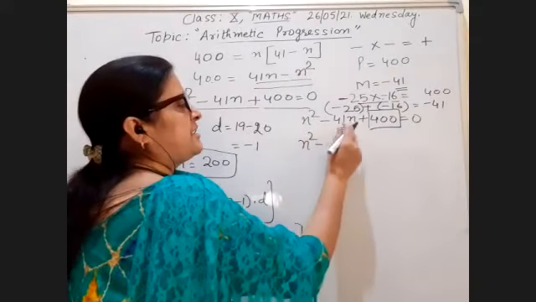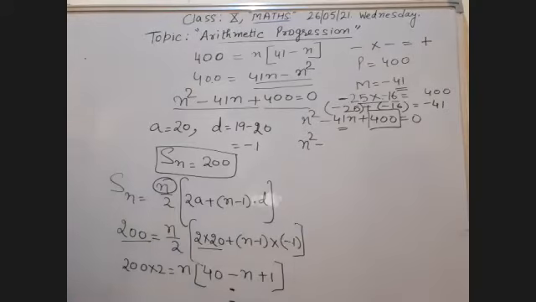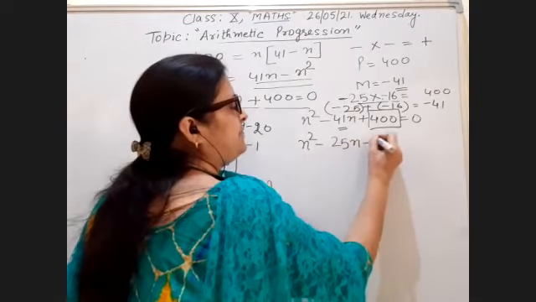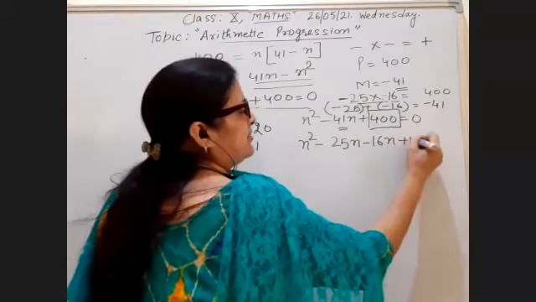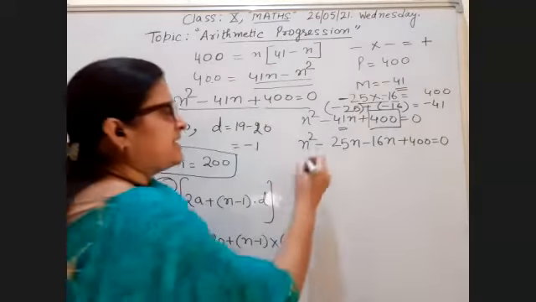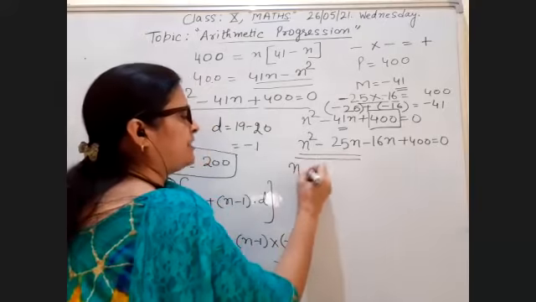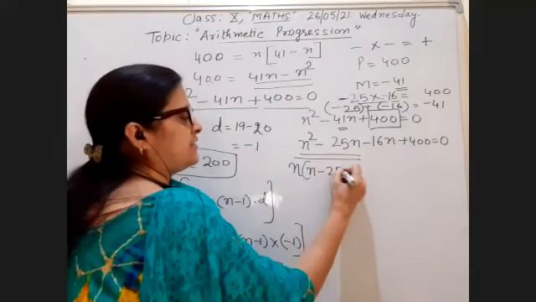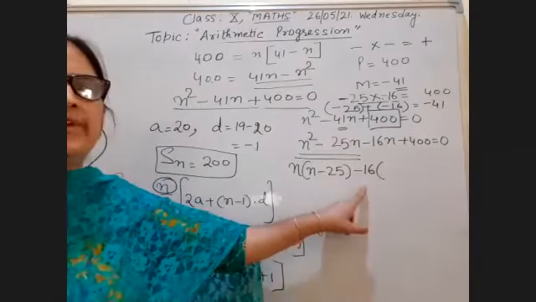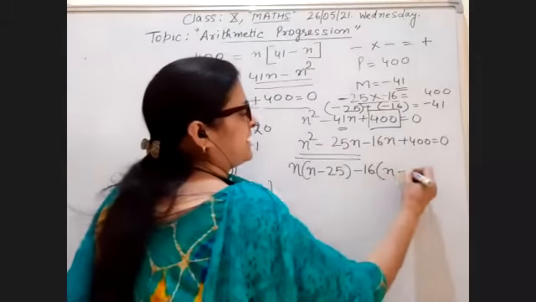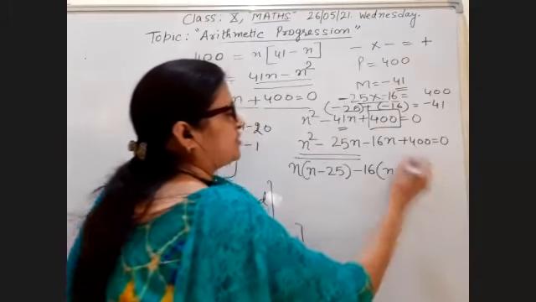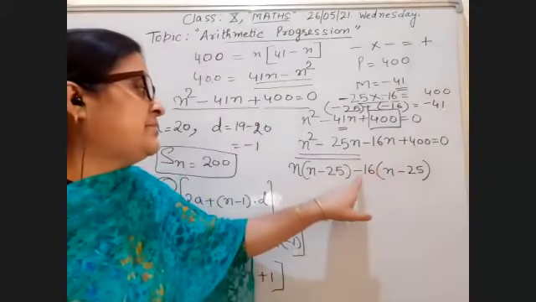So I split the middle term here. Minus 41n is split into minus 25n minus 16n plus 400 equal to 0. And when I take out n as the common factor, n minus 25, and minus 16 also I have taken as a common factor. So in the bracket here, 400 divided by 16 is equal to 25, and plus minus.